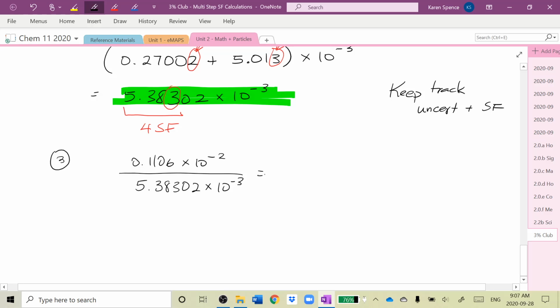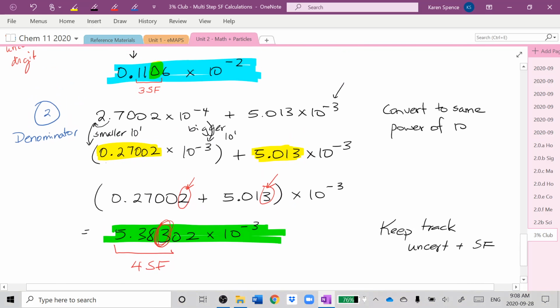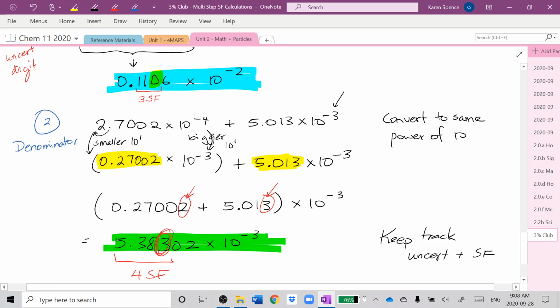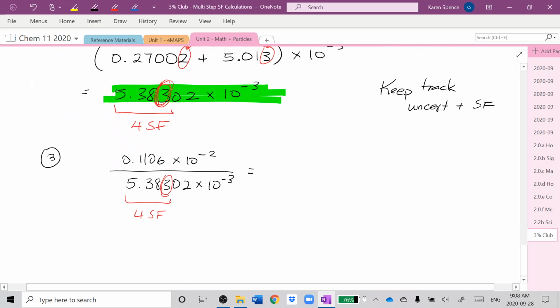Oh, and remember, we are keeping track of our uncertain digit. It's the 3 in this one. There's our uncertain digit. Remember, that is 4 sig figs. Keeping track of both. And going back to our other number, our uncertain digit is the 0, and we have 3 sig figs.